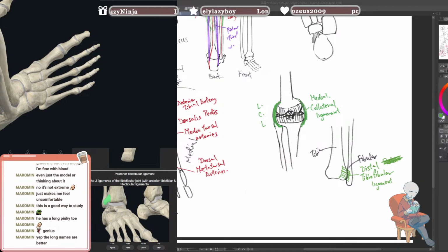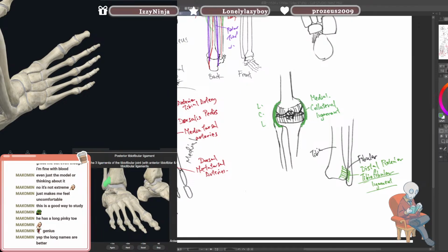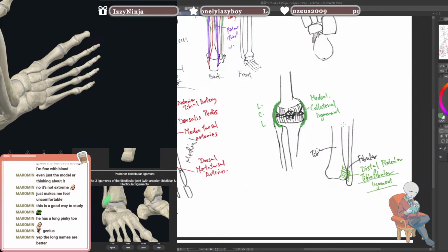I'm correct. As in tibiofibular ligament, but instead of distal, I should write posterior. So, wrong lock it in. I should write posterior. I just crossed it out. What did I do? And the answer here shows posterior tibiofibular ligament, but it doesn't show the word distal.